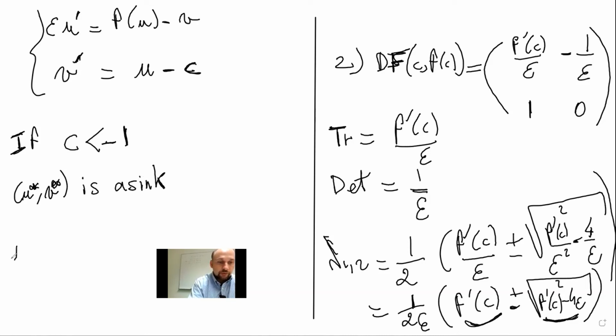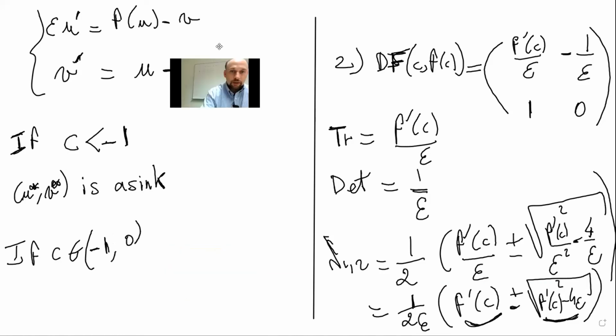And if C belongs to -1, 0, it's a source.